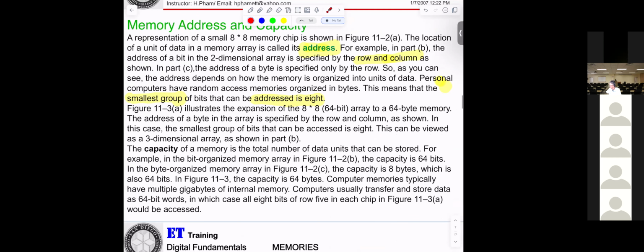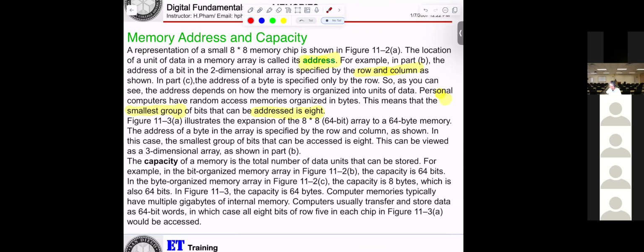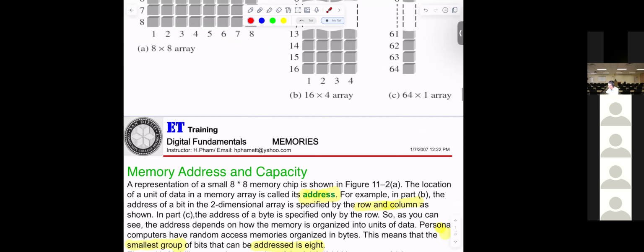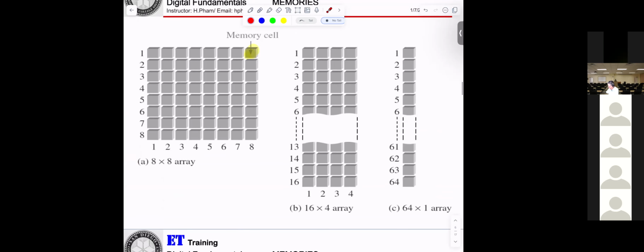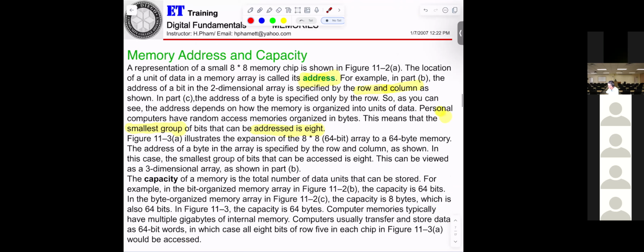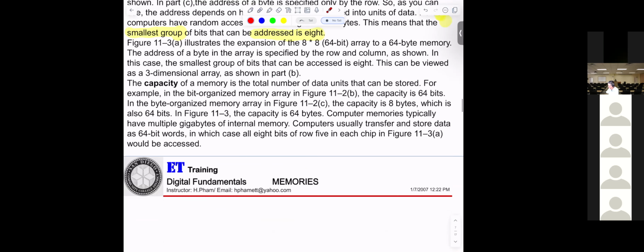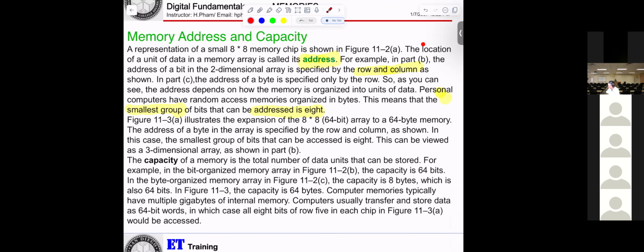Memory address and capacity. A representation of a small 8 by 8 memory chip is shown in Figure 11.2.11. We'll see that later. The location of a unit of data in the memory array is called an address.